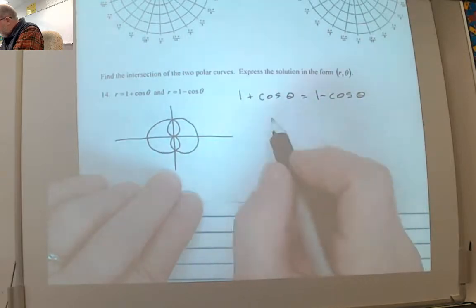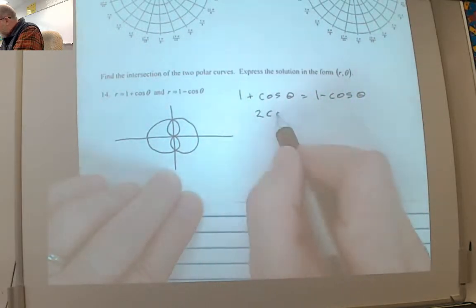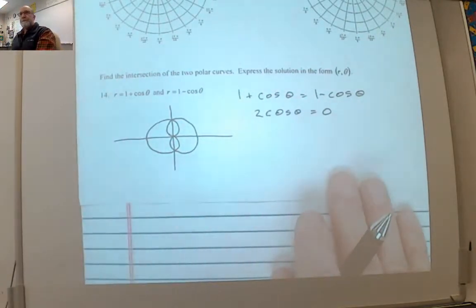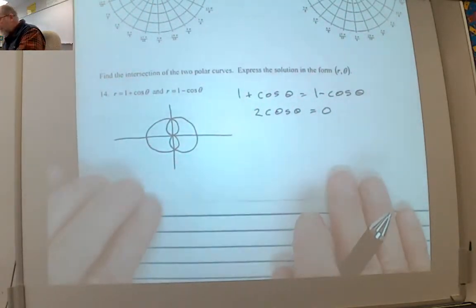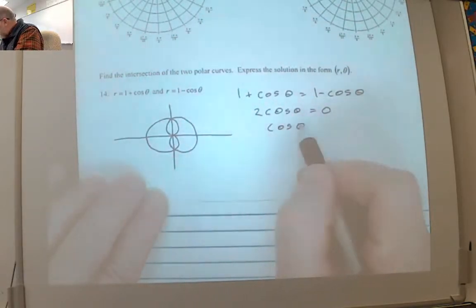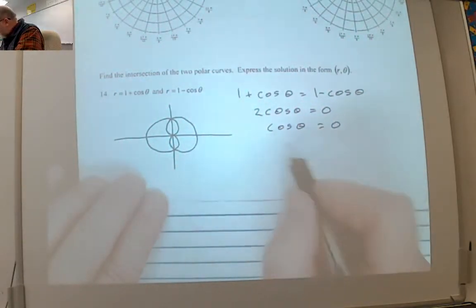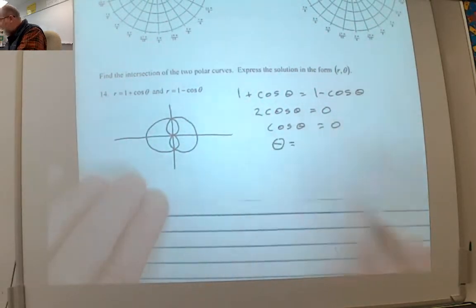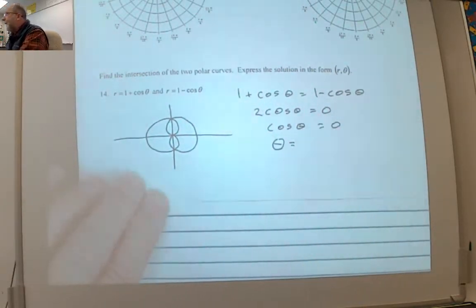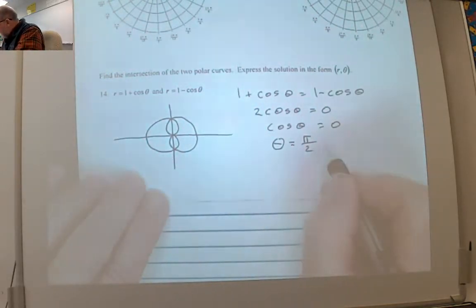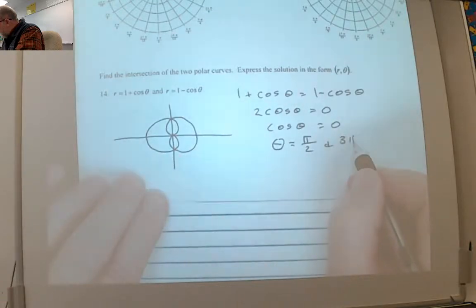And so when I solve this, I get 2 cosine theta is equal to 0. And so that means cosine theta is equal to 0, and cosine is equal to 0 at 2 spots, and those 2 spots are pi over 2 and 3 pi over 2.